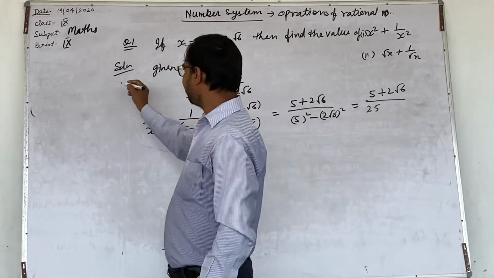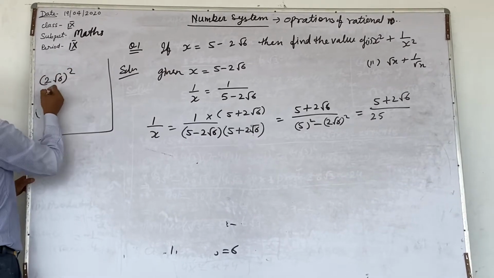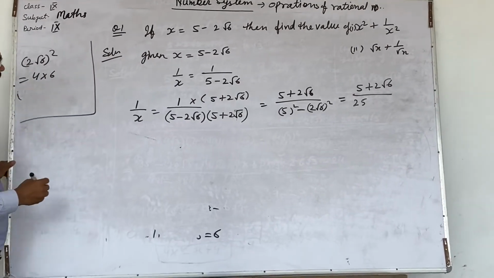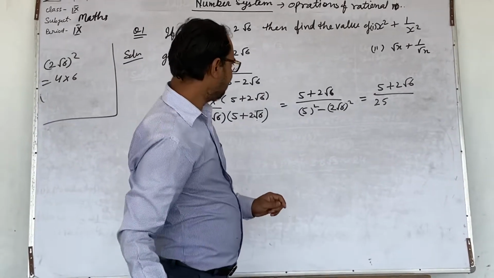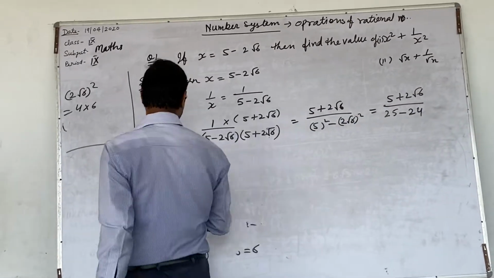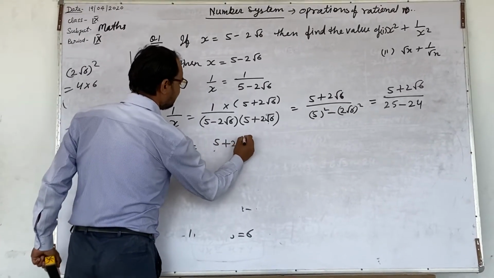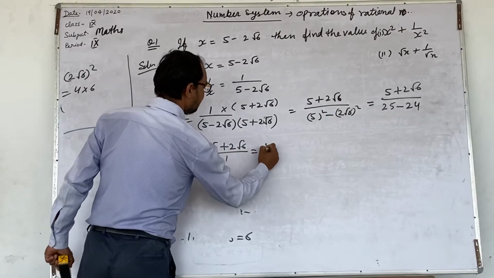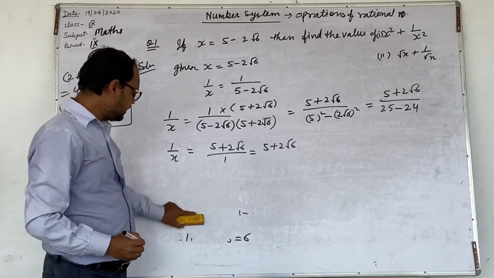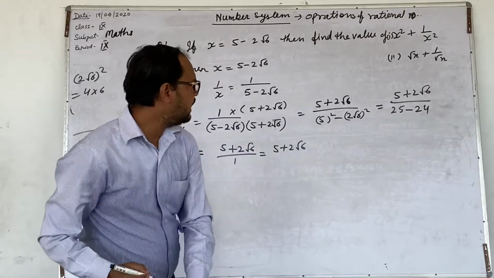As we see in the last question, 2 root 6 square, we can write 2 square means 4, root 6 square means 6, this is 24. Now, 1 upon x equal to 5 plus 2 root 6 upon 1, that is 5 plus 2 root 6. So next find out the value of x square plus 1 upon x square.